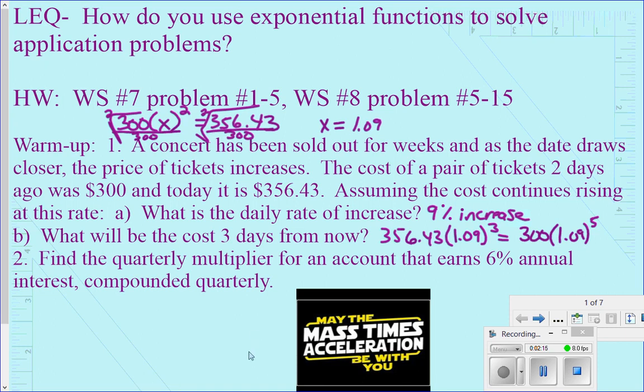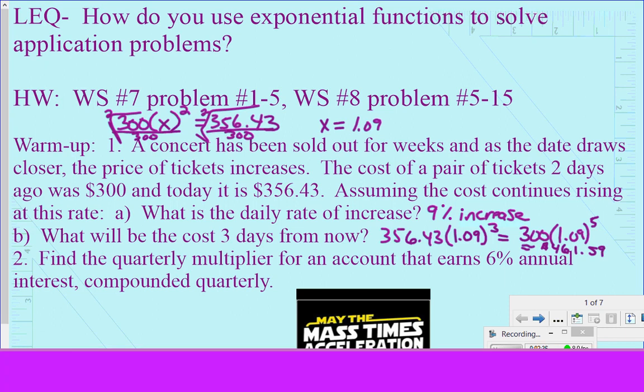So 3 days from 2 days ago means 5 days, or the exponent of 5. So either way, whichever I do, I get approximately $461.59.